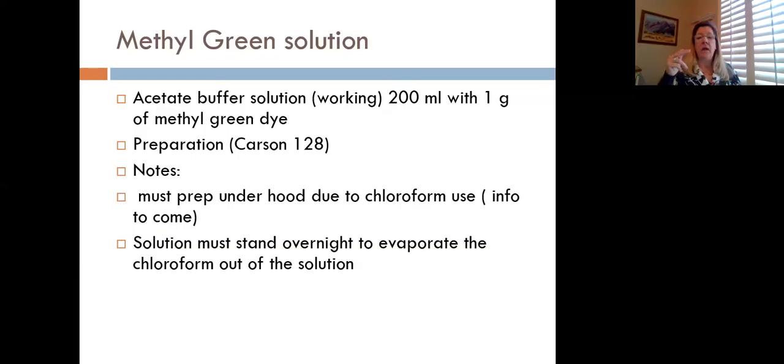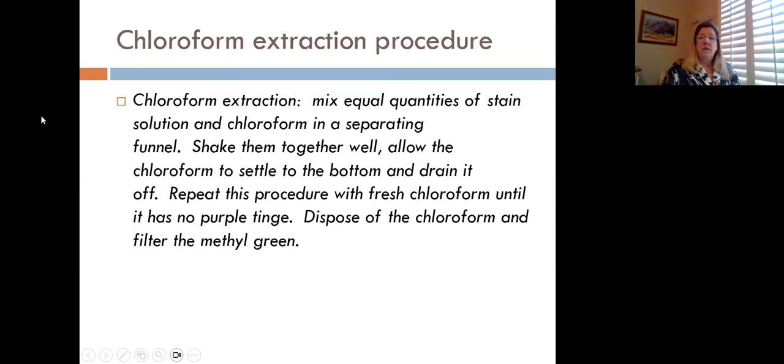But you have to mix this in the hood because you are going to be using chloroform, and there's some more info coming your way. Then this solution has to stand overnight to evaporate the chloroform out of it. This is called the chloroform extraction procedure.